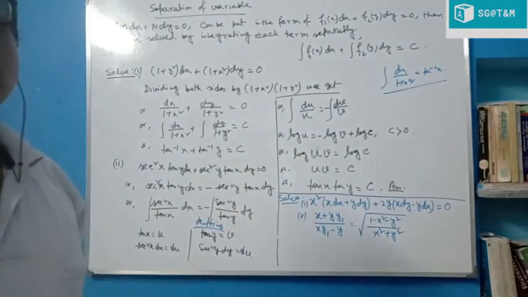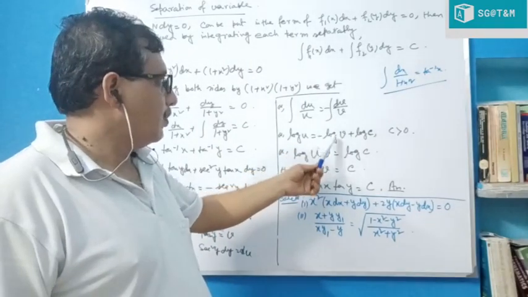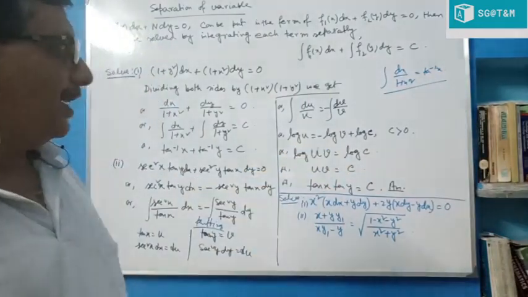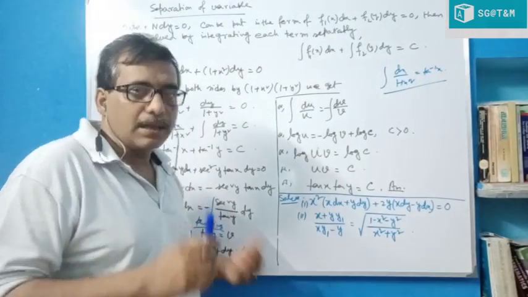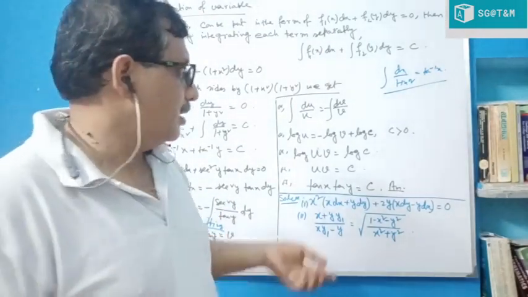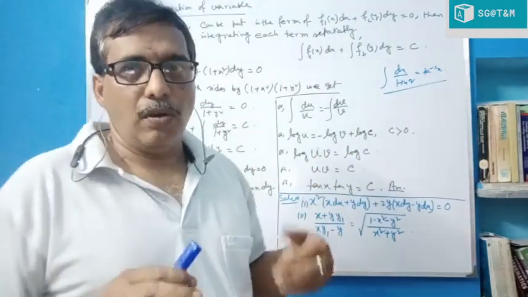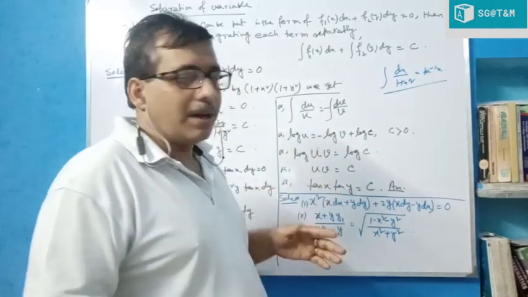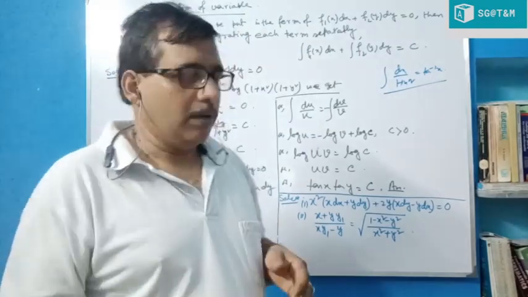Integrating du by u, we get log u. So log u is equal to minus log v. Instead of c, here we take the constant as log c, no problem at all. If you write log c, then c must be greater than 0, since if c is equal to 0 it is undefined, and if negative, log is not valid. So when integrating a log function, we always take the mod value.